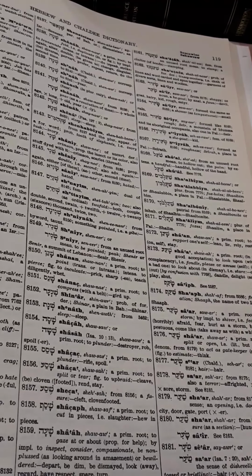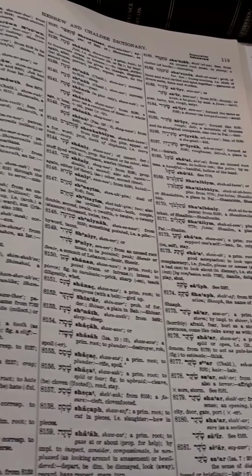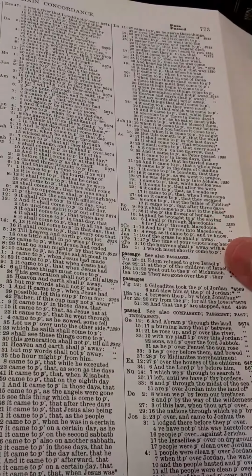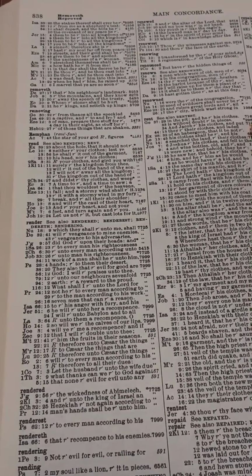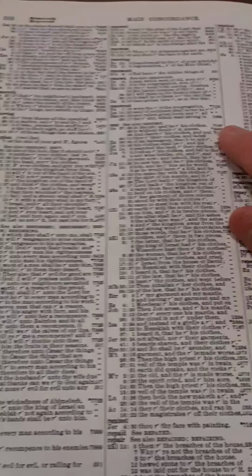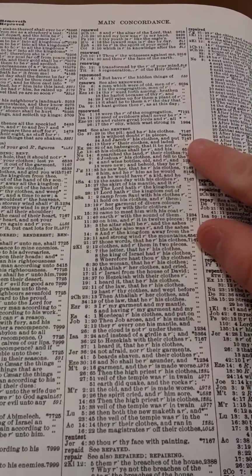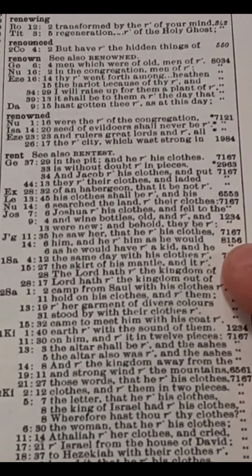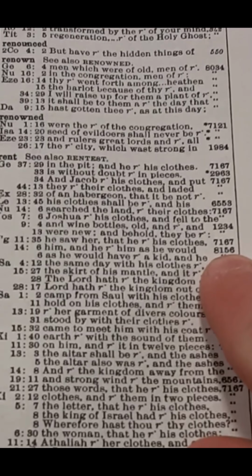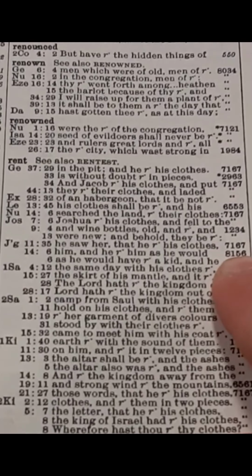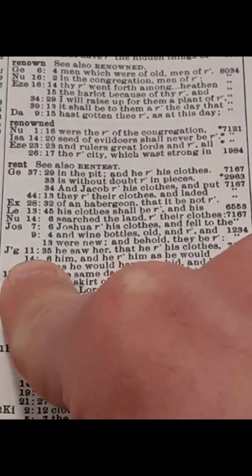So now I'm going to go back into the concordance section. And I'm going to look for the word rend, the word rent right here. And we're going to look for that number 8156. And here's the number 8156. So we're going to follow that over to the verse.